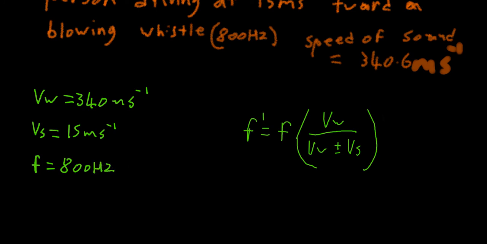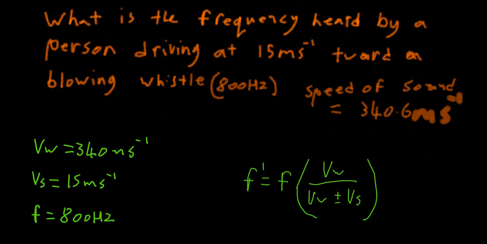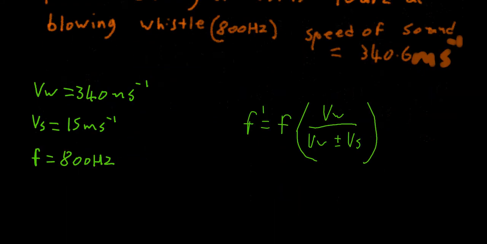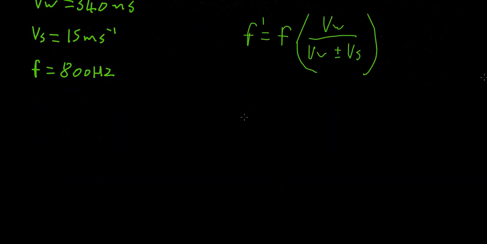Great, we've got everything. So what's going to happen here? Do we use plus or minus? And how do we know what to use? Well, if it's moving toward you, then you use minus. If it's moving away, you use plus.